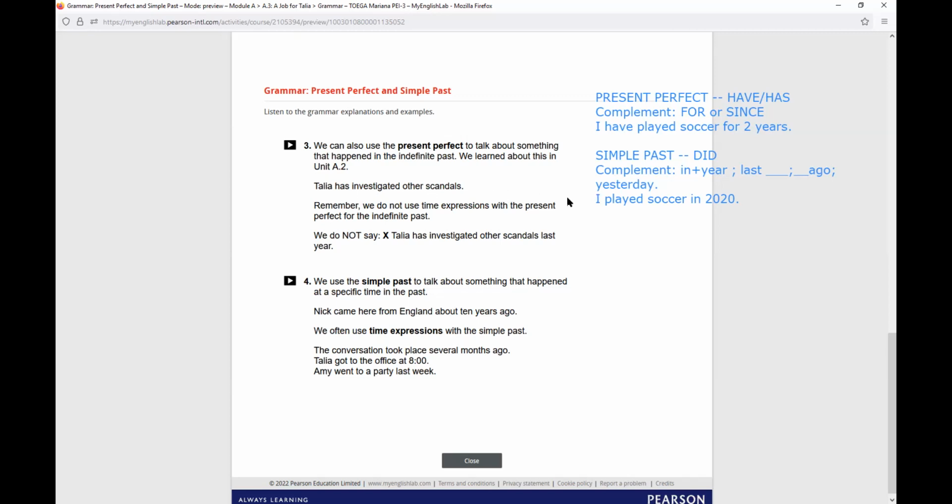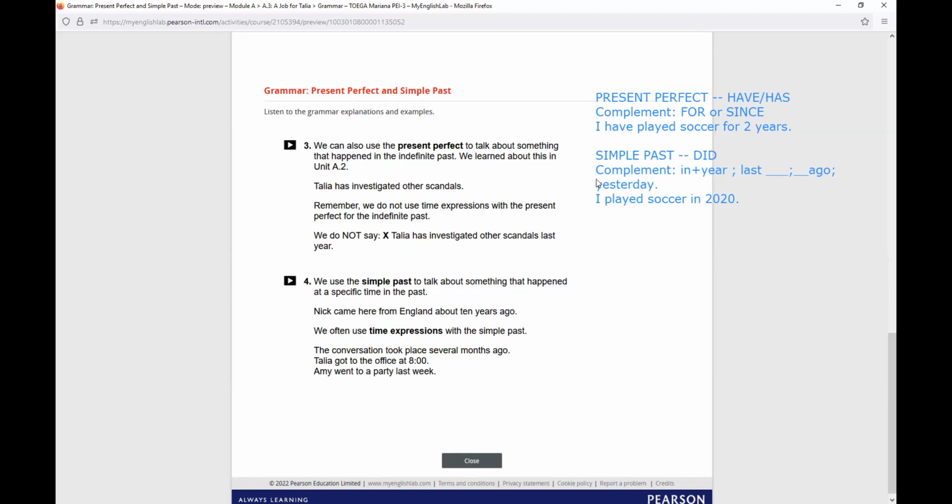En muchas ocasiones no vamos a encontrar siempre for or since, pero lo que nos muestra que no es pasado es porque in the complement we are not using the past expressions. For example, the in plus the year, last month, last year, 2 years ago, 2 months ago, or yesterday.